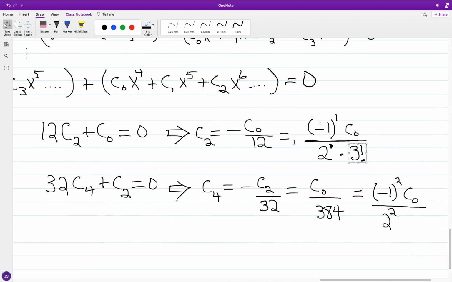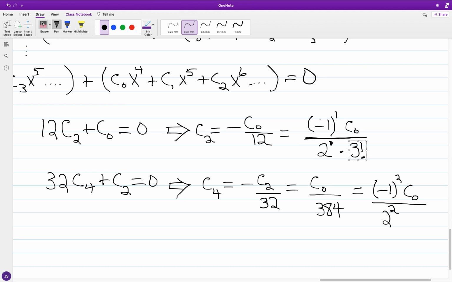Let me expand this first expression out. I'll show you what I'm doing here. So I've got 2 to the first times 1 factorial times 3 factorial.